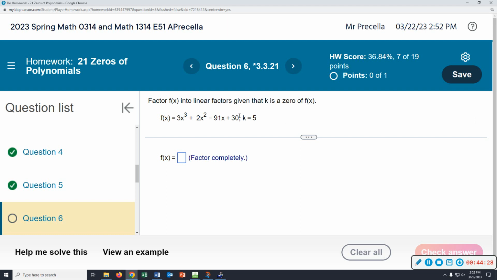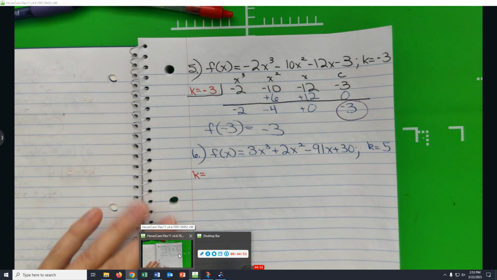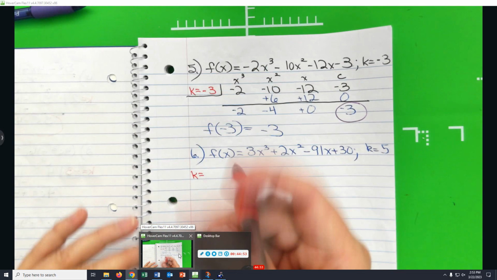If you know a 0, if you know a number, that's saying that if I took 5 and plugged it in everywhere there was an x, what would all this stuff equal? K is a 0, so what would I get if I plugged all the 5 in there? 0, okay? If I use synthetic division, what will the remainder be? 0, I agree. So our K value is 5.